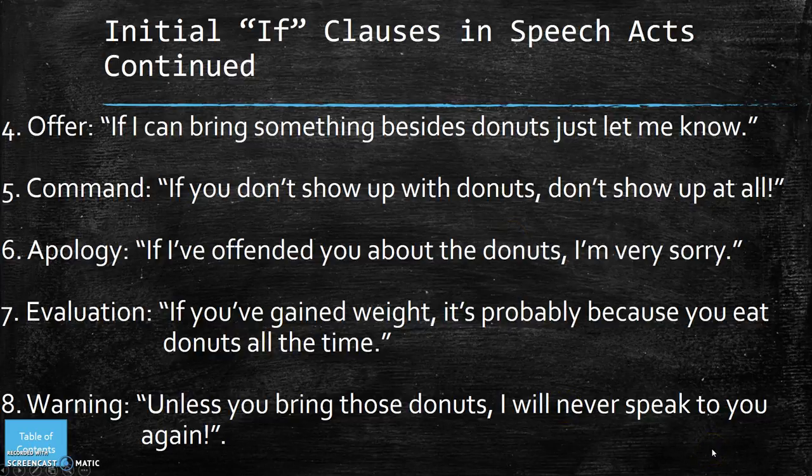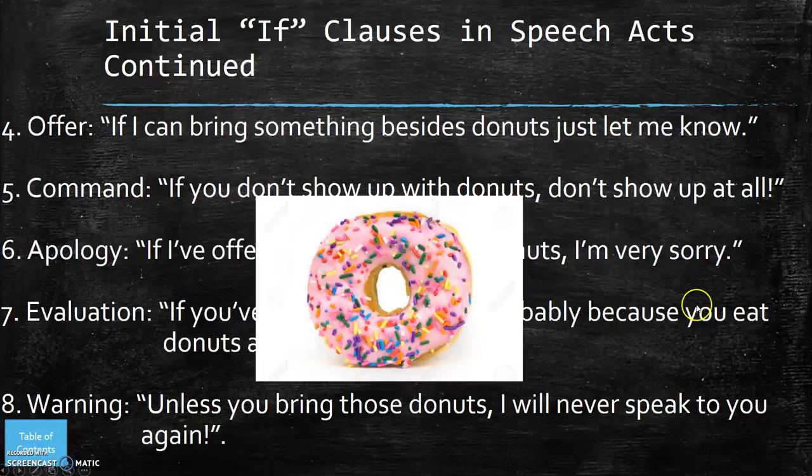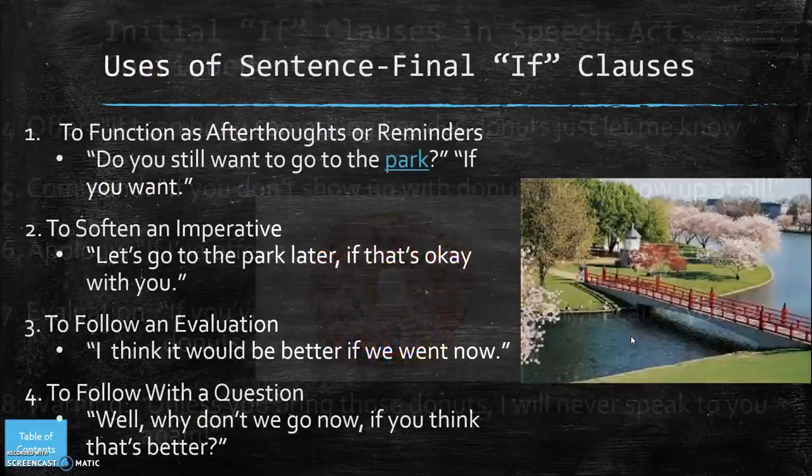So we see in the last one an example of a conditional sentence that doesn't have an if at the beginning of the subordinate clause. But we don't always have to use if, although it is most common. Here we see unless. Okay, so there's different ways you can form conditional sentences. Here's our little donut graphic.